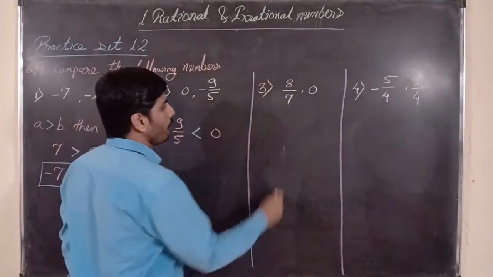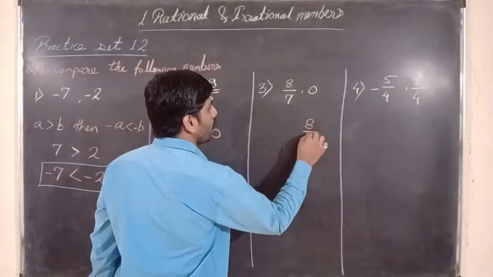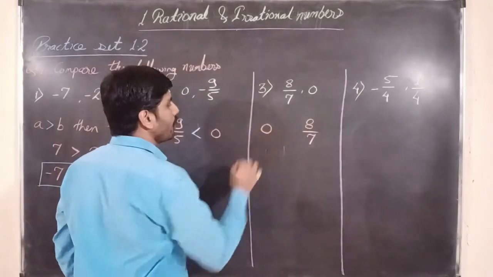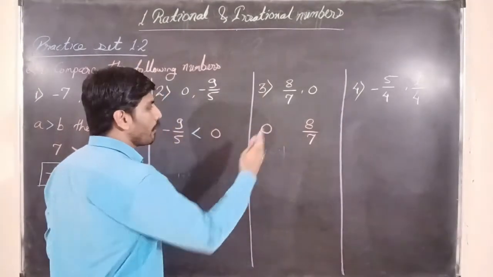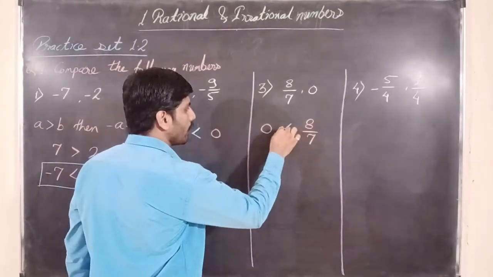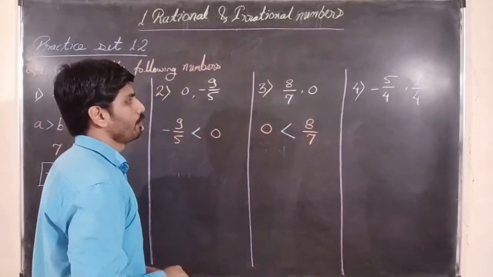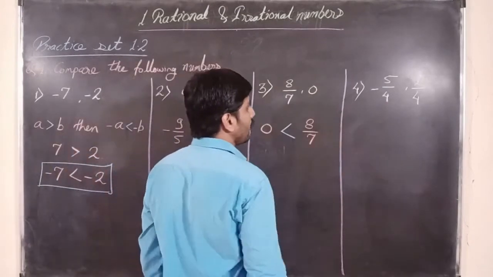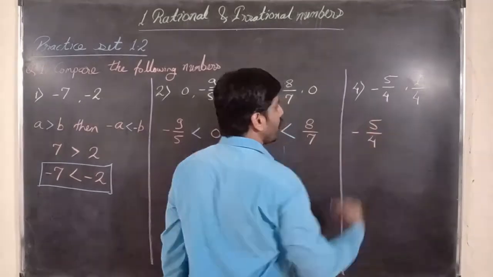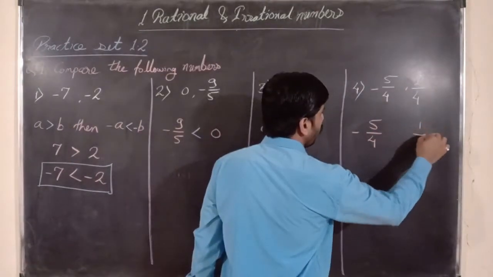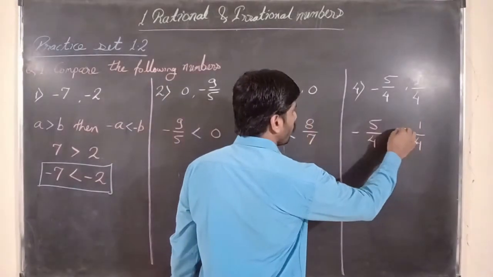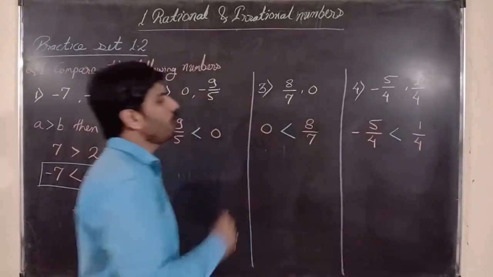In the third example, 8 upon 7 is a positive number, and we know that on the number line positive numbers are present on the right hand side of 0. So 8 upon 7 is greater than 0. Next example, negative 5 by 4 is a negative number and 1 upon 4 is a positive number. So obviously 1 upon 4 is greater than negative 5 by 4.